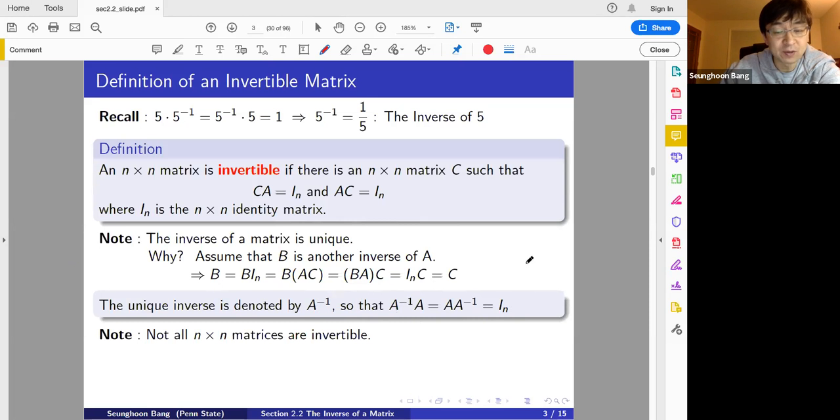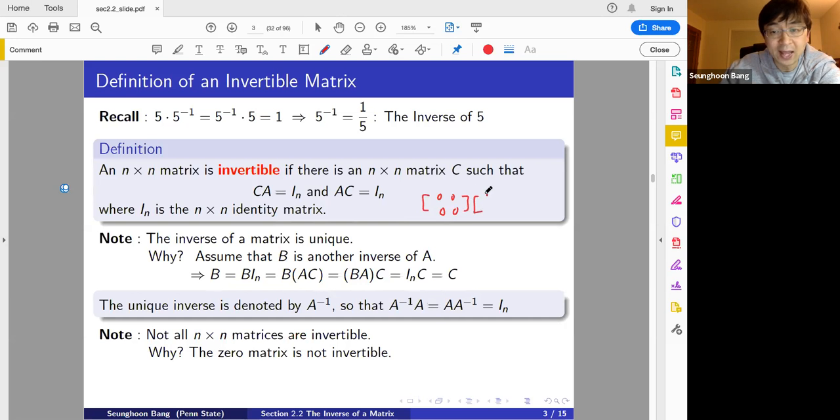Not all n by n matrices are invertible. Why? The 0 matrix is not invertible. One example is the 2 by 2 matrix 0, 0, 0, 0.